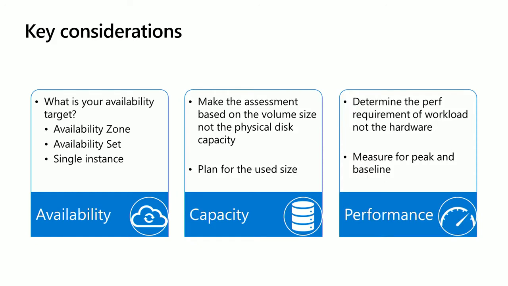On the capacity and performance perspective, one very common pitfall that we see is that instead of defining your requirements based on the workload, you happen to define your disk storage requirement based on the storage hardware. It is very common that from on-premises, you buy a storage appliance. You first put your SQL workload. Then, if you have space, you start putting your scale-out file server or even your backup there.